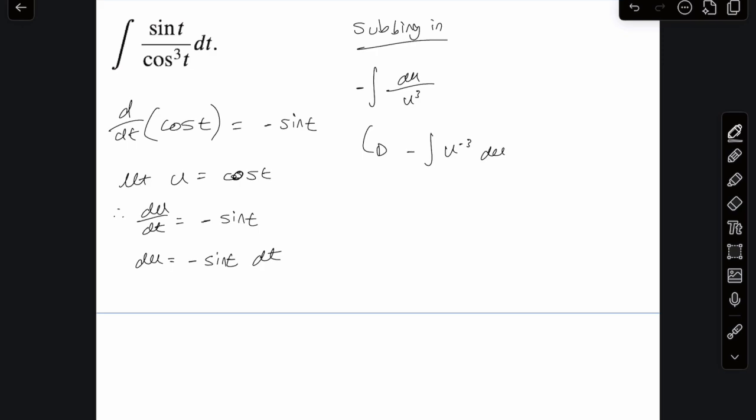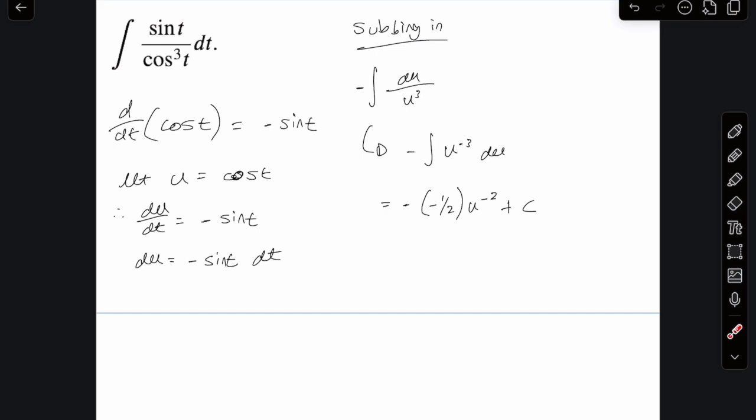Okay? Perfect. Now with that, this is going to equal now minus a half of u to the minus 2 plus c. Okay, because remember, plus 1 divide by the exponent.